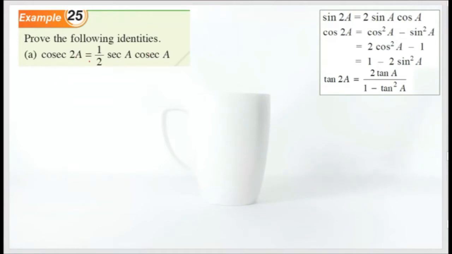So we need to use the double angle formula, either sine, cos or tangent of 2A. We will prove from the left-hand side because the double angle is at the left-hand side.